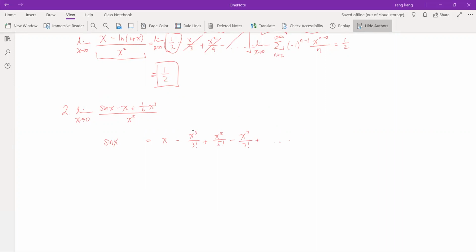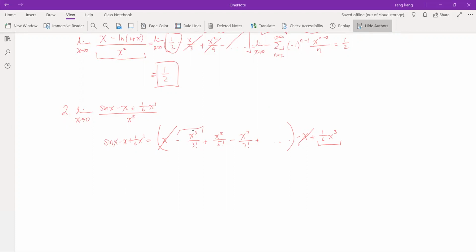Right? And now I want to subtract x and add 1/6 x cubed. Okay, so I'll just do both of those at once. So this goes on forever. So I'm going to subtract x and add 1/6 x cubed. Right, this x can cancel out with this x. And even though we can't see it right away the way it's written, this is actually equivalent to this, but this guy's negative, right?